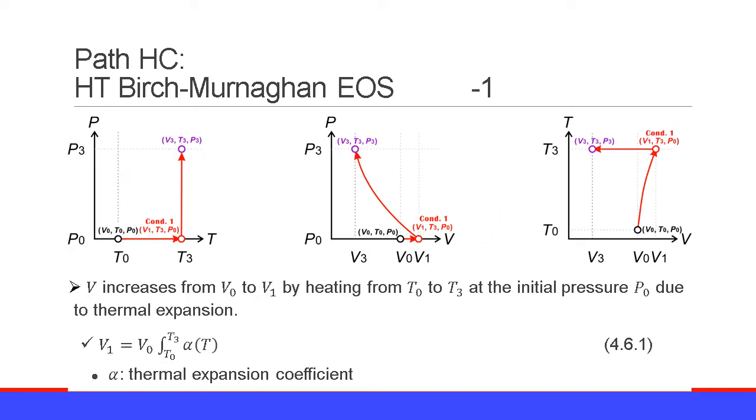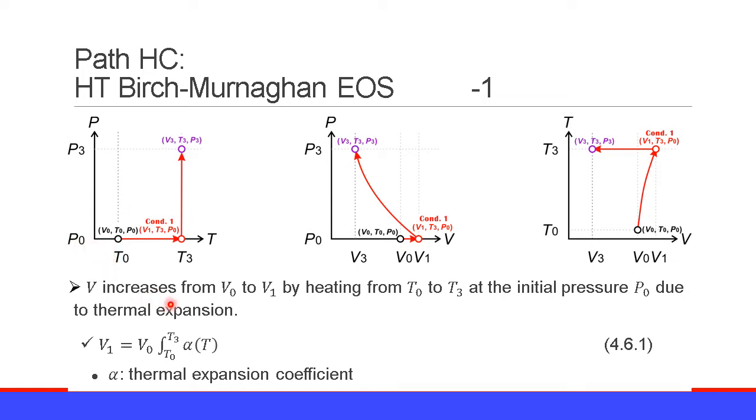The representative thermal equation of state following path HC is the high temperature Boltzmann equation of state. As I already mentioned, in HC path, we first increase temperature from T0 to T3 at ambient pressure P0.